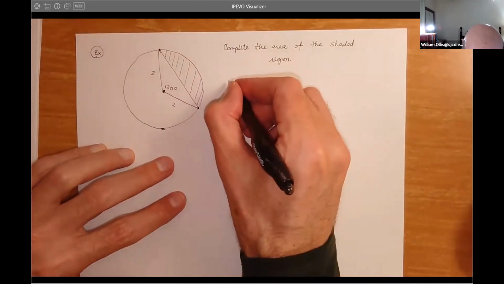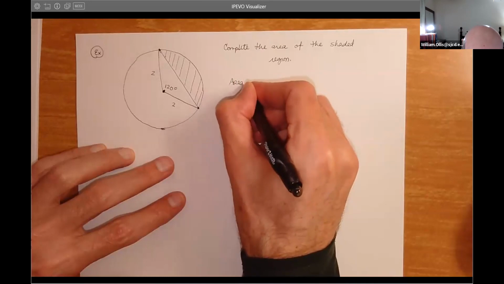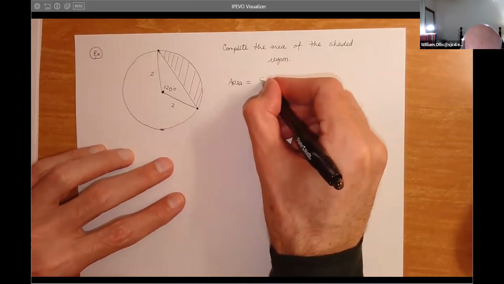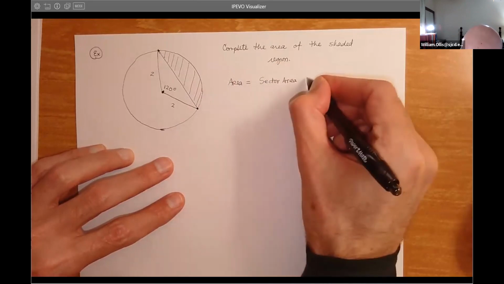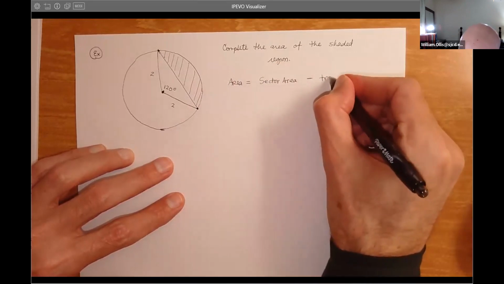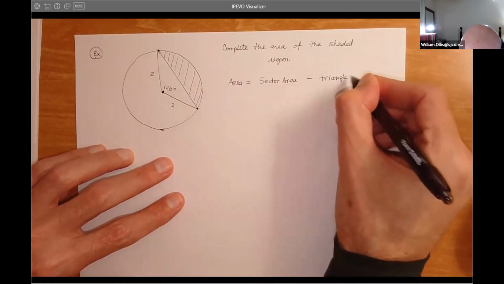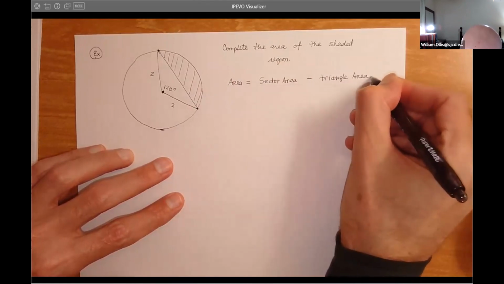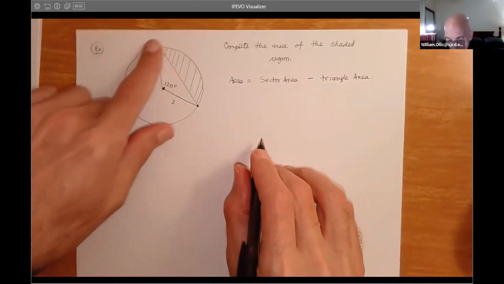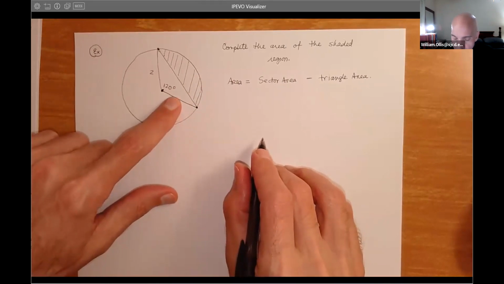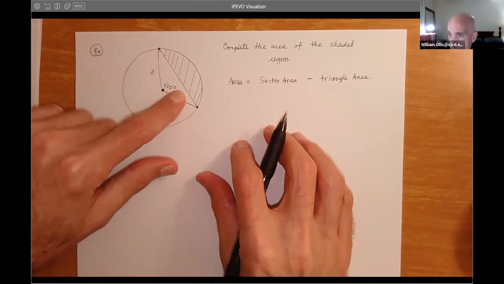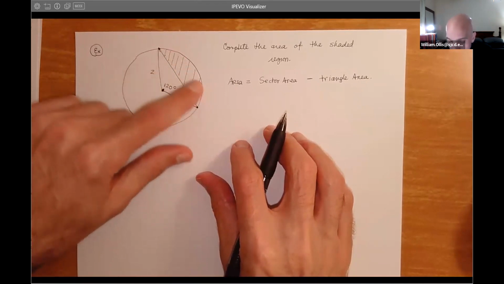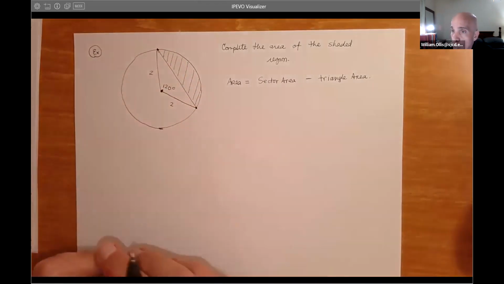So we'll say area equals sector area minus triangle area. The larger structure is the sector. One of the smaller structures is the triangle. And then of course, the region here is what we call the lune.